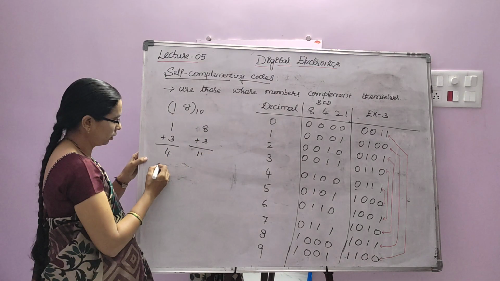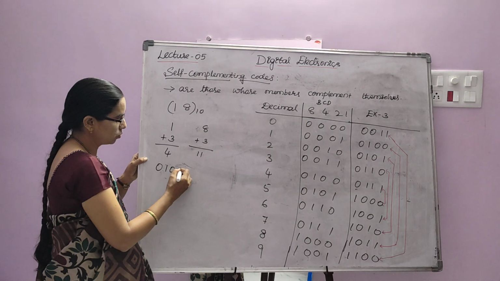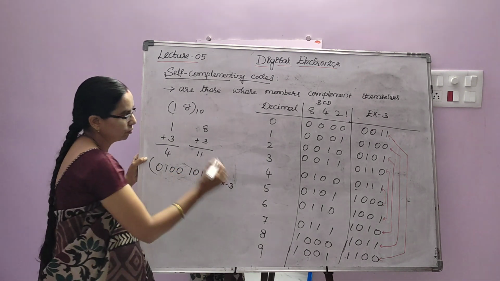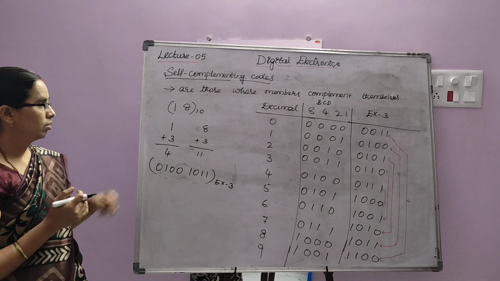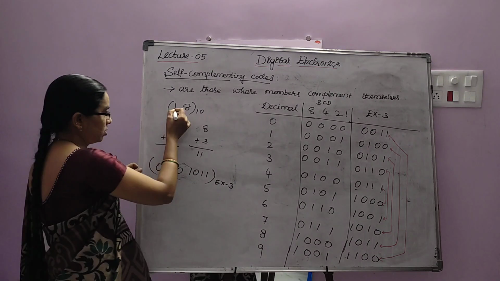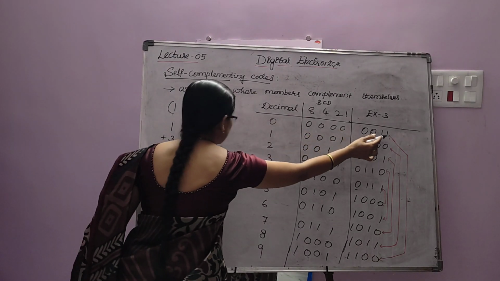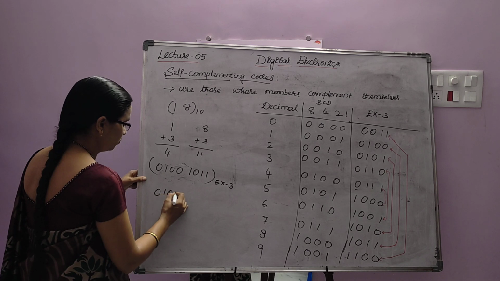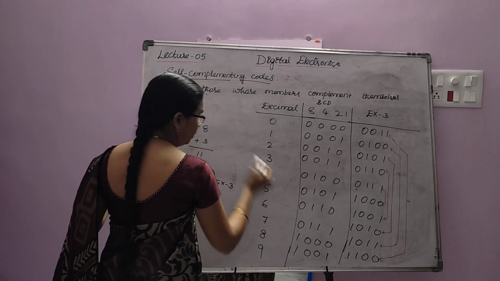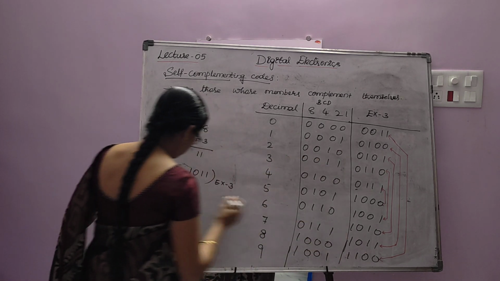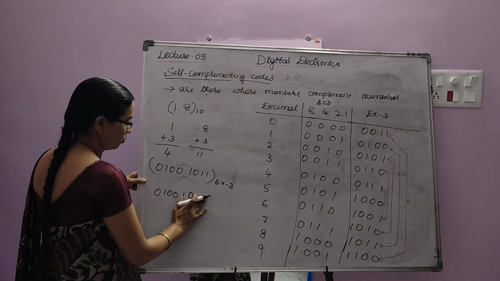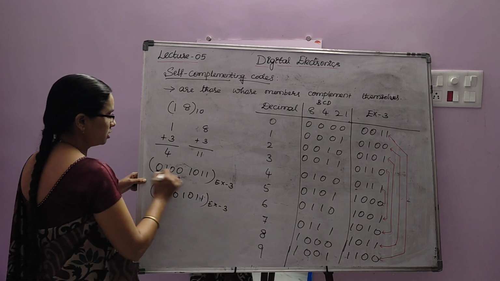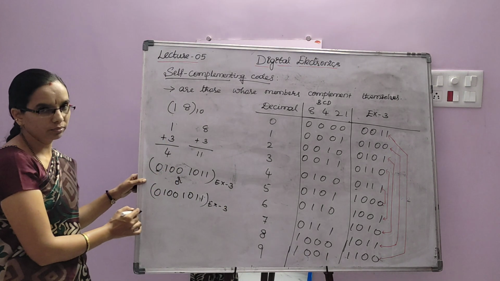Write the binary equivalent of that: 0100 1011 is the excess 3 equivalent of 18. Or you can just write for 1 it is 0100, for 8 it is 1011, that is the excess 3 equivalent. Either this method you can follow or this method.